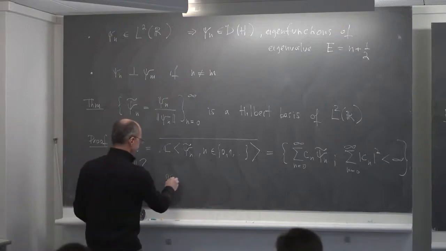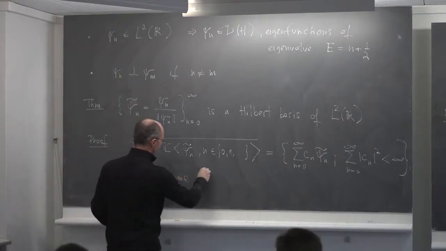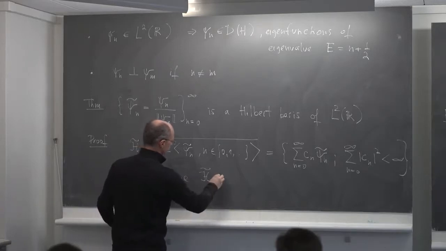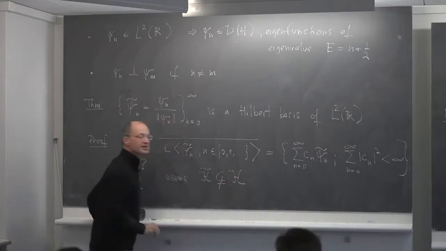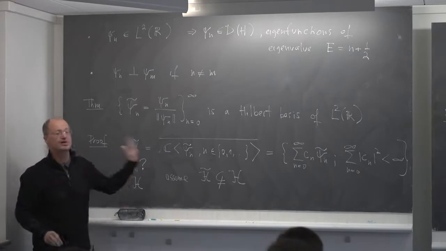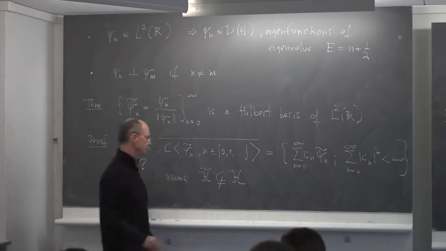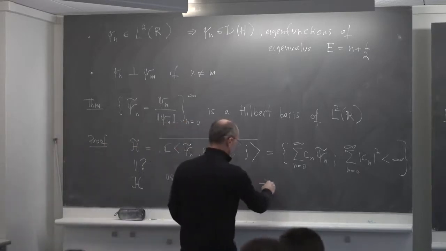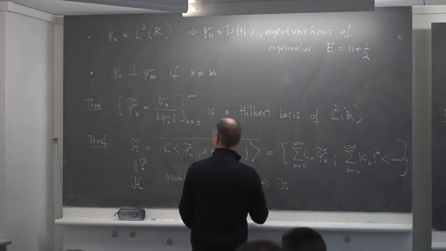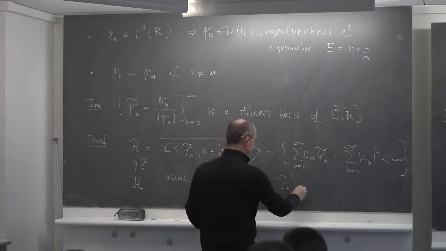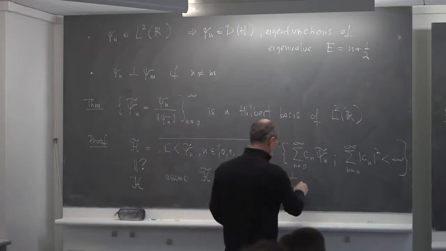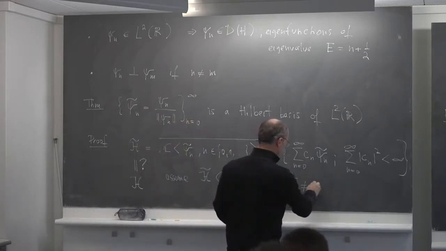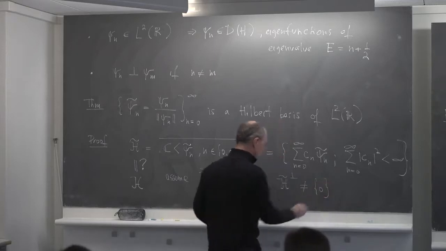So let's assume H tilde is a proper subspace of H. So there is something else inside H. H tilde is closed, so this would mean that the orthogonal subspace is non-zero.